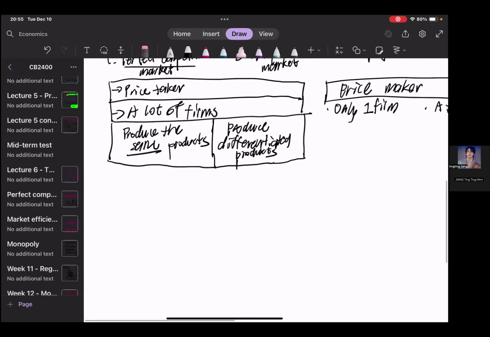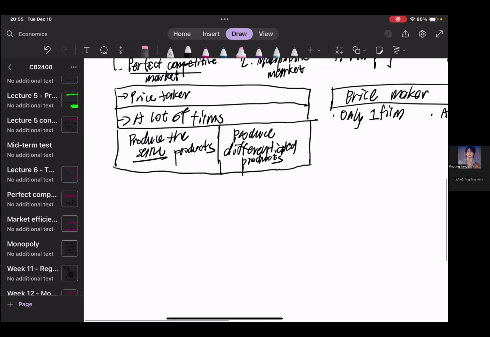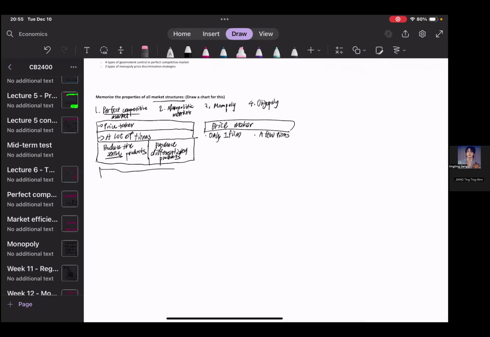And what else? Okay, basically, there's one rule that applies to all the firms, well, yeah, only 1, 2, and 4, actually.